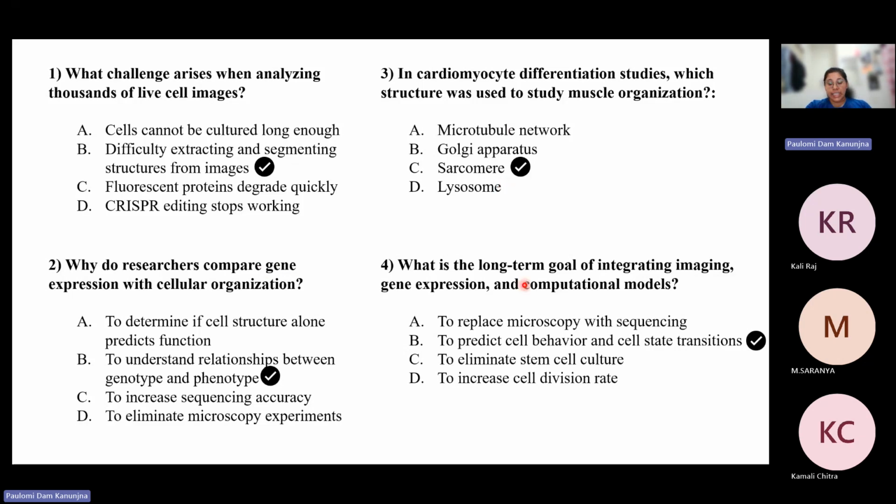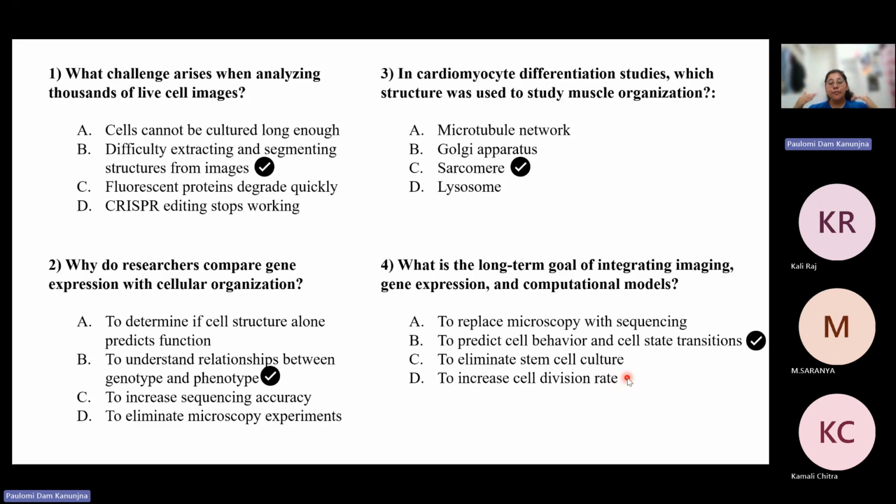And what is the long-term goal of this entire endeavor? It is to predict cell behavior and cell state transition. So all the cell state behavior that we are currently trying to understand, if you have images and you use ML, which is AI or machine learning or any other such advanced technology, so that you can see, currently you see this genotype, you have this phenotype, then you see an aberration here, you see this different kind of phenotype.